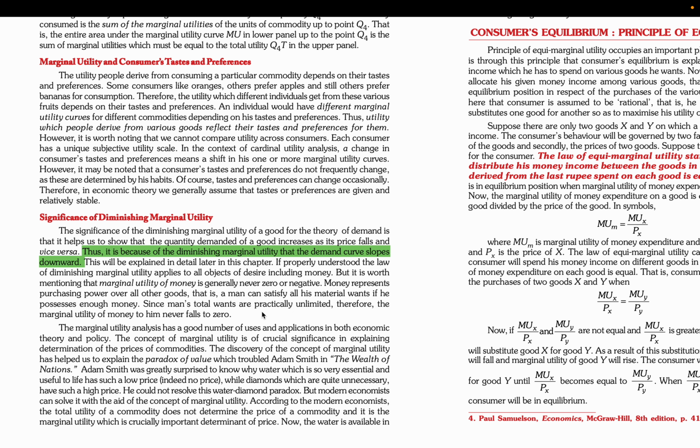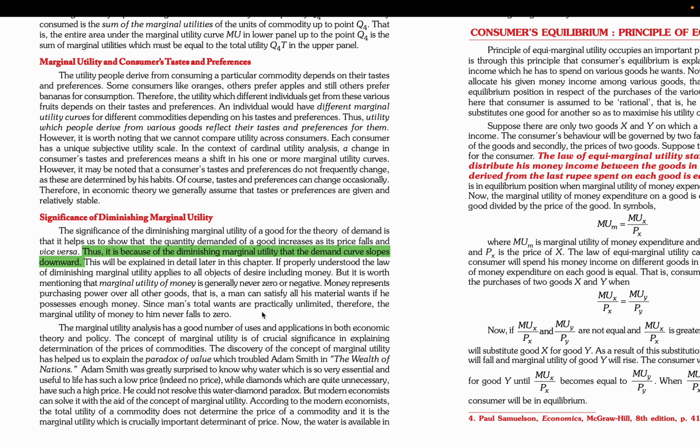If properly understood, the law of diminishing marginal utility applies to all objects of desire, including money. But it is worth mentioning that the marginal utility of money is generally never zero or negative. Money represents purchasing power over all other goods. That is, a man can satisfy all his material wants if he possesses enough money.